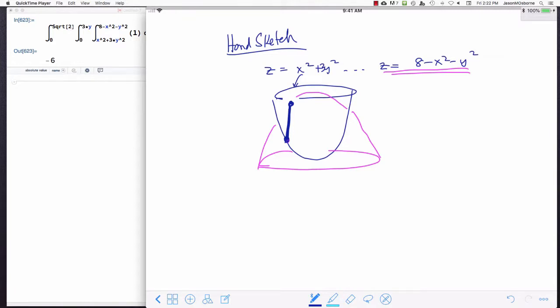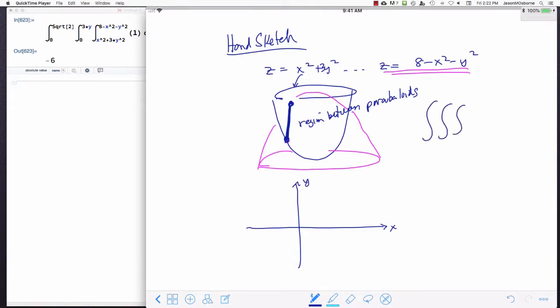Okay, so we're looking at some region between these two paraboloids. Okay, what region between those two paraboloids? Which part of the region? Well, then you start looking at the other parts of the integral.